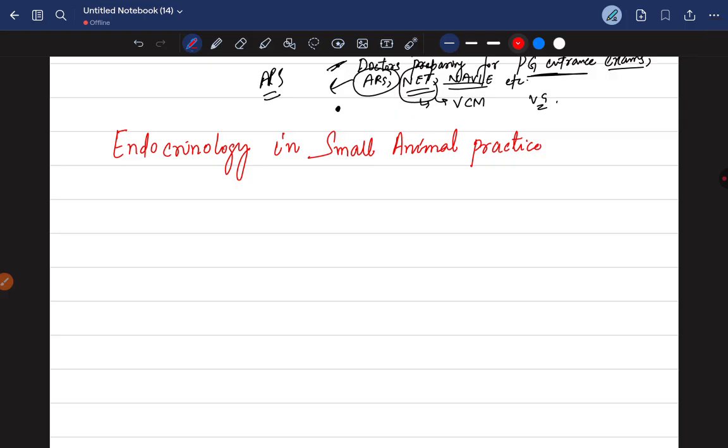What we study in our graduation is not enough, it is beyond that. So what are the different endocrinological conditions in dogs and cats, and the cases that anyone doing small animal practice gets? In order to give a detailed discussion and detailed information about these conditions, we will first be dealing with this endocrinology part.